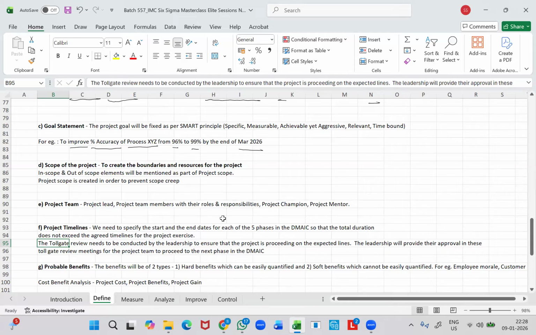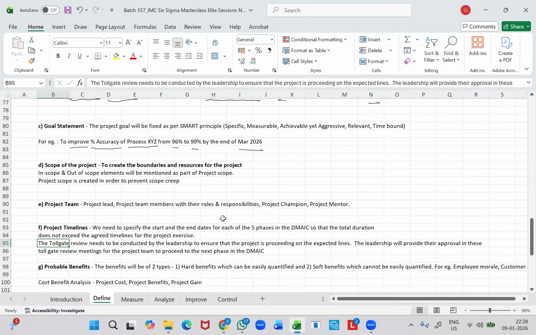But they need to understand in a Six Sigma project, we need to run the complete course. If it is a 3-month project or a 4-month project, the leadership will have to patiently wait till the end of the 4th month to see the expected results, right? So the patience is not there.